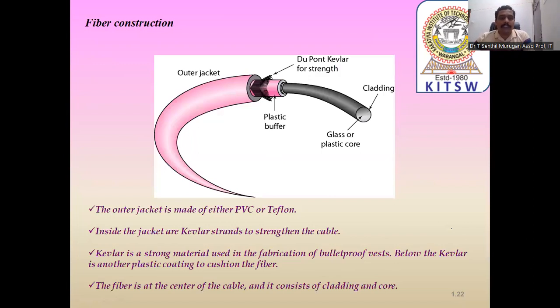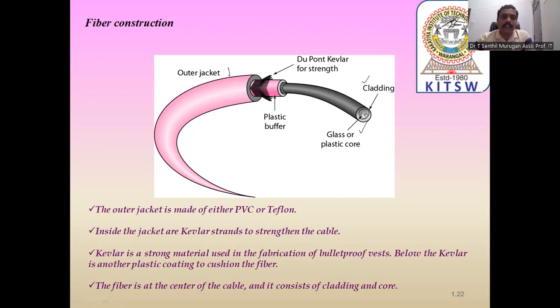Fiber construction: how we construct the fiber wire. Here is the image of the fiber cable. The inner glass is the core, and the outer layer around the core is the cladding. The outer jacket is made of either PVC or Teflon.